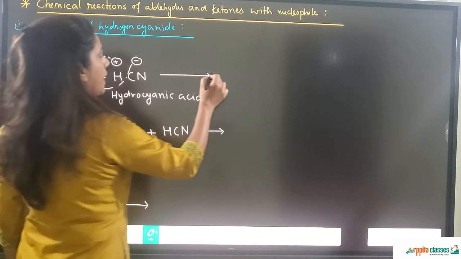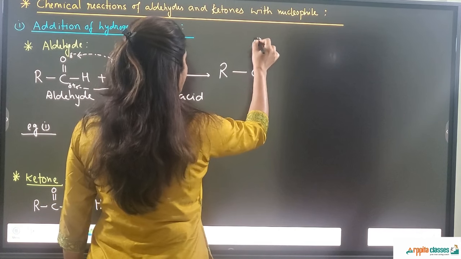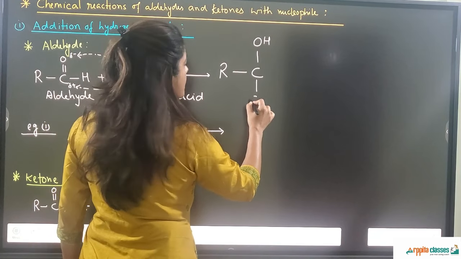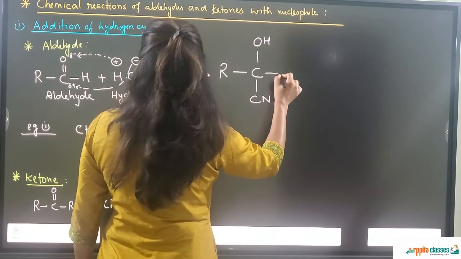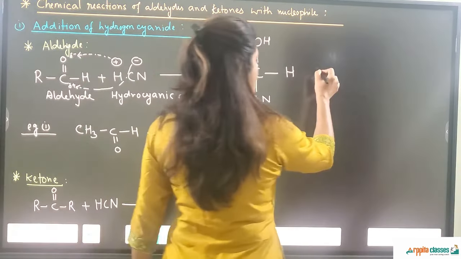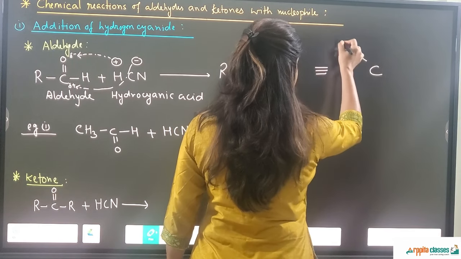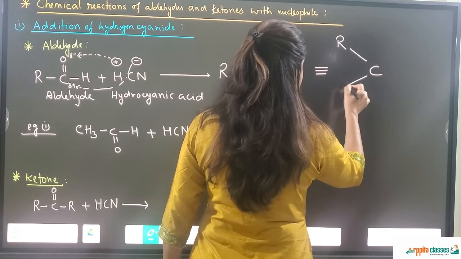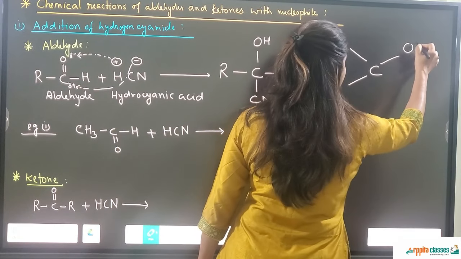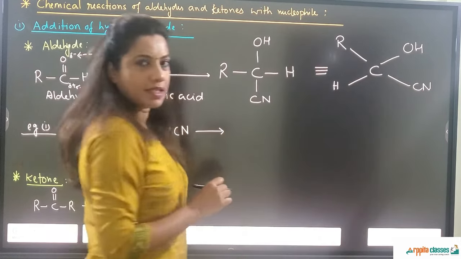So what is the product we get? Hydrogen got added to oxygen, and with carbon, CN got added. We write it this way: the carbon is in between, on this side R, on this side H, on this side OH, and on this side CN.